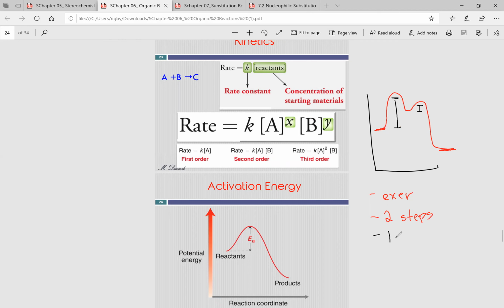So our first step is rate determining. And so then both of these different steps have a rate equation. However, the rate equation that determines the overall rate is going to be our slow step. So the first step, since it's slower than the second step, is going to determine the rate of our whole reaction. Okay? Does that make sense so far?